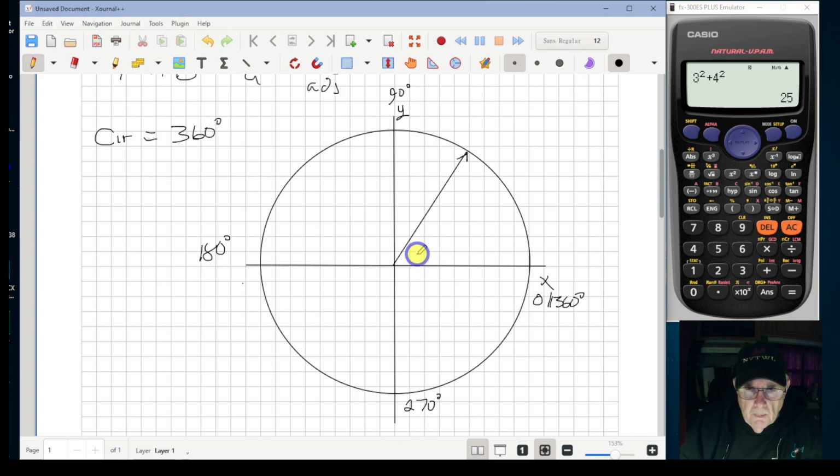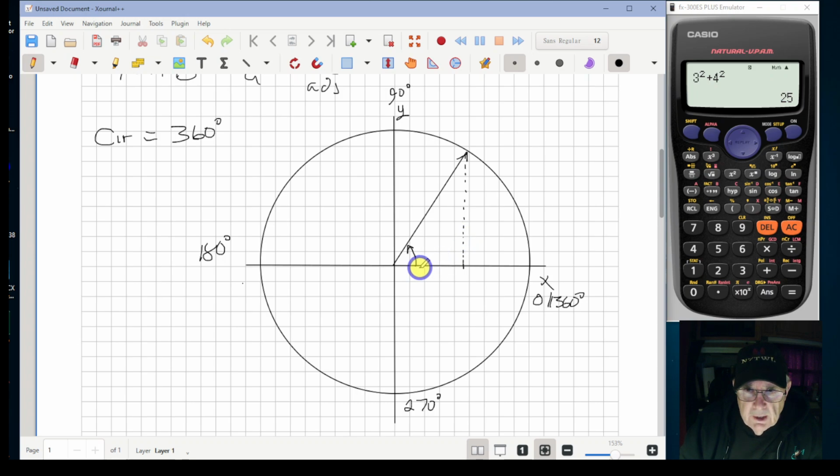Now, this is our angle of interest, and if we were to draw a line down from here, and I'll do it as a dashed line, this is the side opposite this angle.